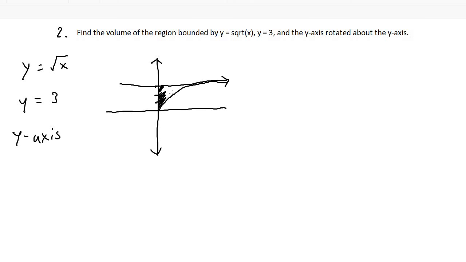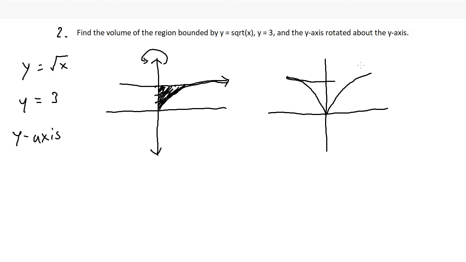So we have this shaded region here, and we're trying to rotate it around the y-axis. A better representation of what it will look like: rotated about the y-axis, we get some kind of upside down cone. It looks something like that. So now I can begin to write the formula.